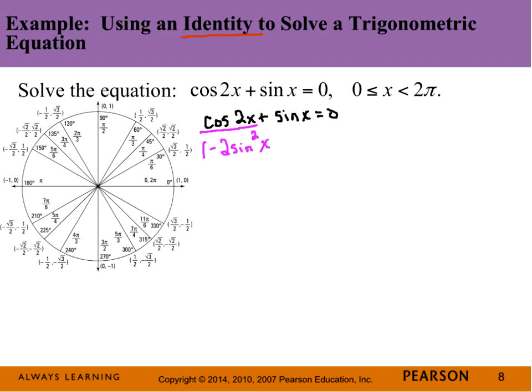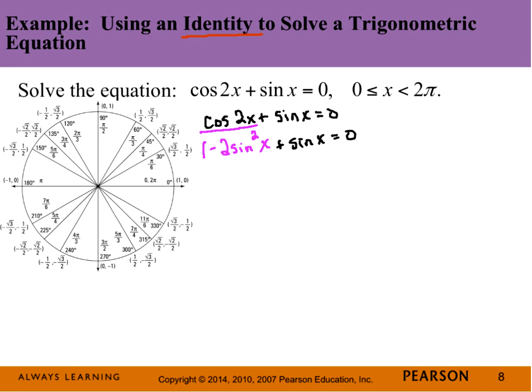And I'm adding that to sine of x, and that's equaling 0. Now, here's another thing you have to be clever about and recognize. I've got a sine squared term, a sine term, and a constant term. So that fits the mold of being a quadratic.